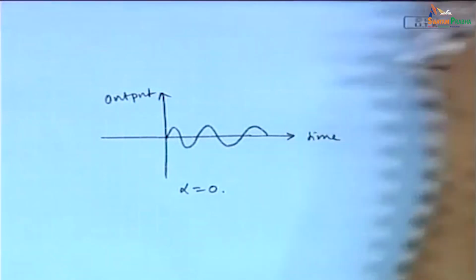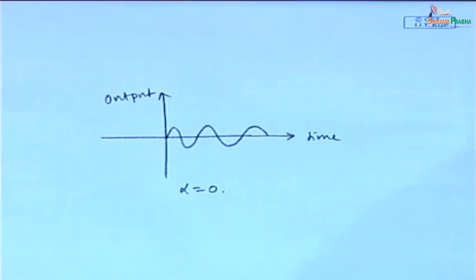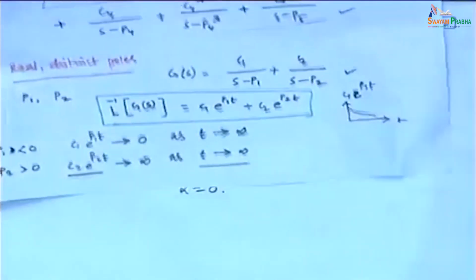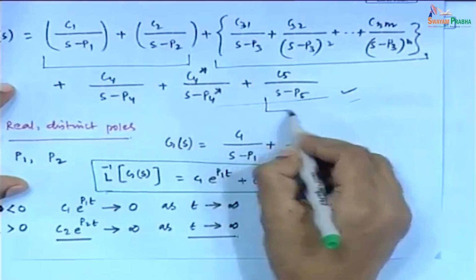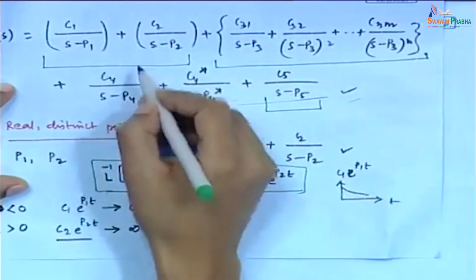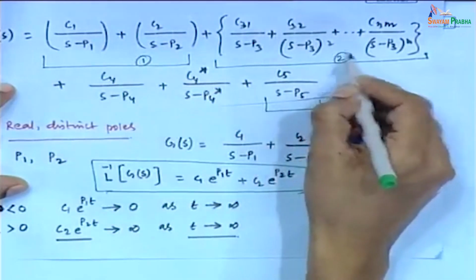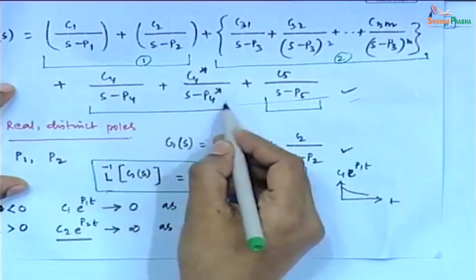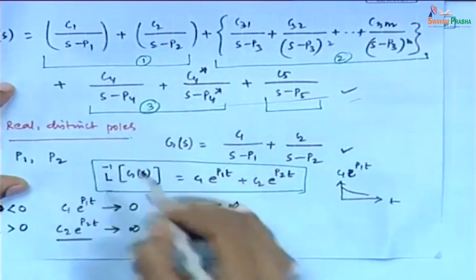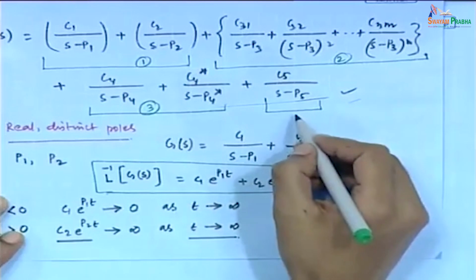Now, another case, I mean the last case, in which we will consider this transfer function, fine. This is the first case, second case, this is the third case, complex conjugate poles, and this is the fourth case.